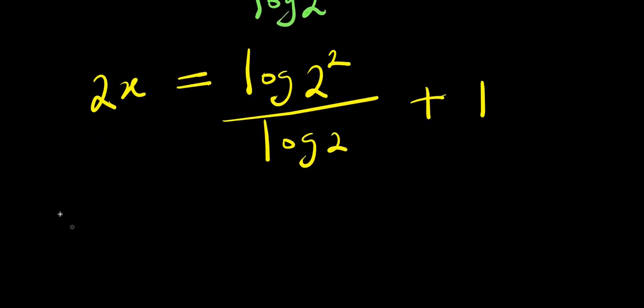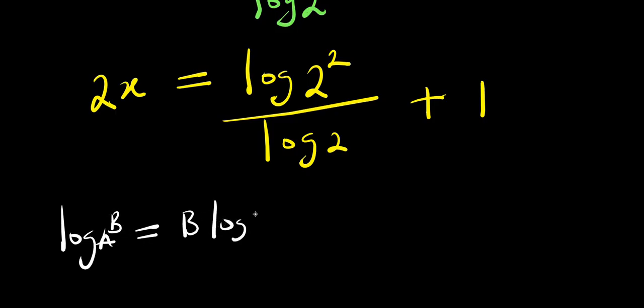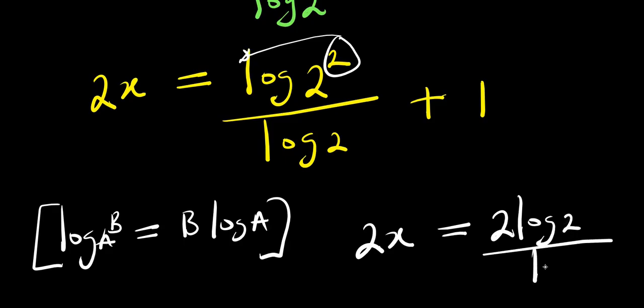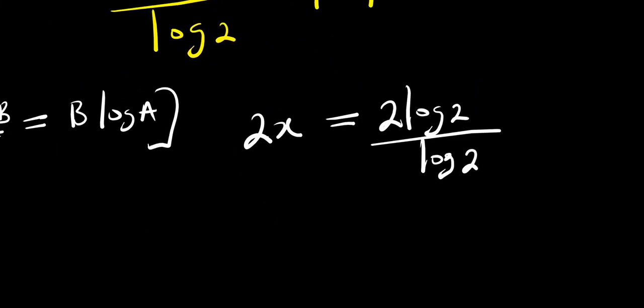From here, I have log a power b equals b times log a. The 2 will come behind the log. I have 2x equals 2 times log 2 divided by log 2 plus 1.